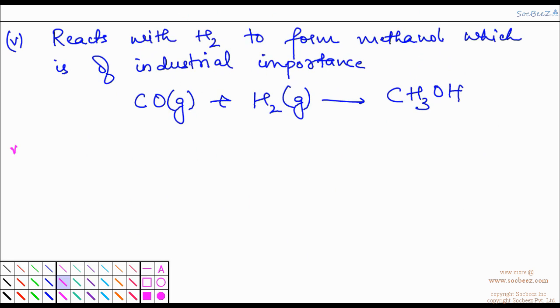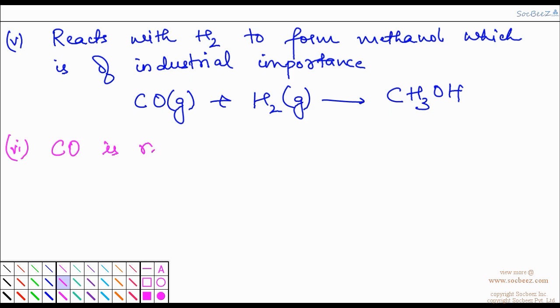Now, the sixth property is that it is used for estimating the amount of carbon monoxide. Carbon monoxide is readily absorbed by ammoniacal solution of copper chloride.